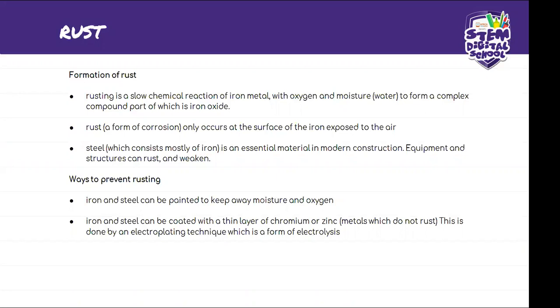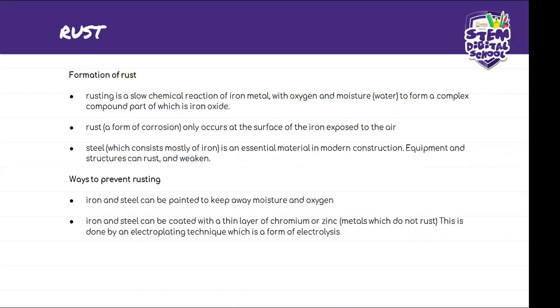Now let's look at ways to prevent rust. Iron and steel can be painted to keep away moisture and oxygen. You remember I told you that we have a metal, we have oxygen, we have water. If we want the metal to not rust, then we have to eliminate one of the variables or one of the factors.